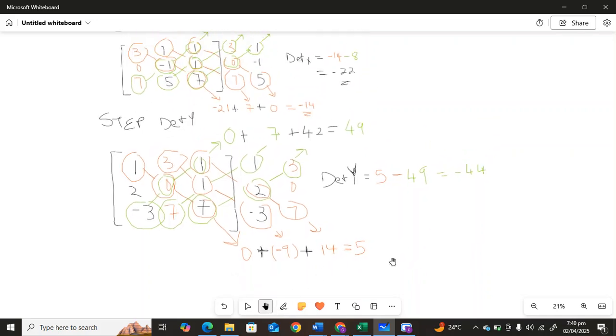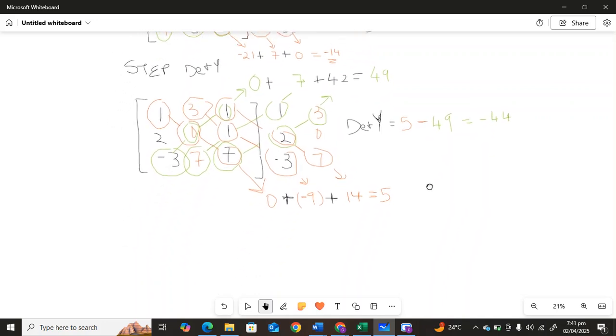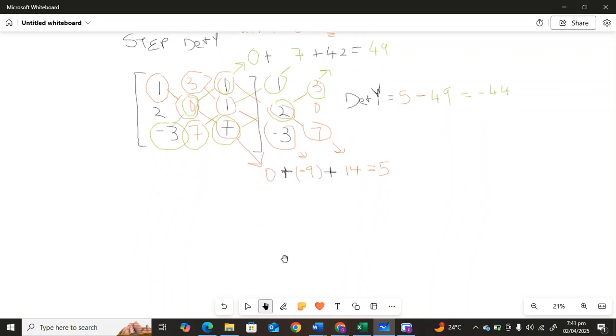Okay, so we got the final step where we're getting the determinant for z. I think this is step 4. So just remember, you get overall determinant, determinant x, determinant y, determinant z. Okay, that's the process here.